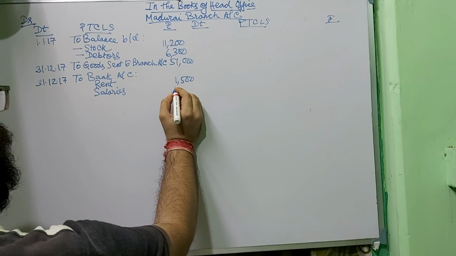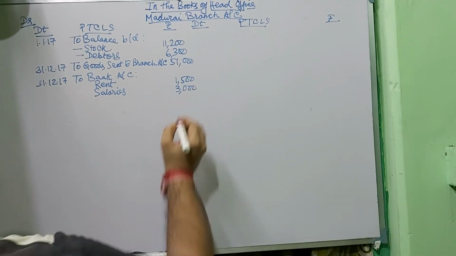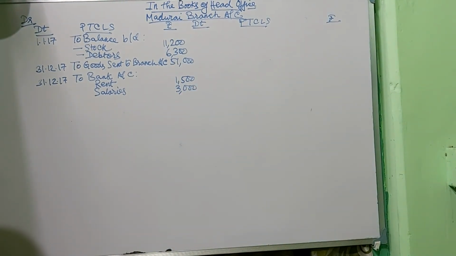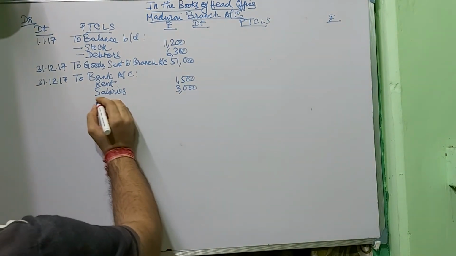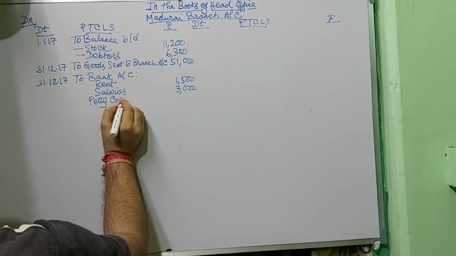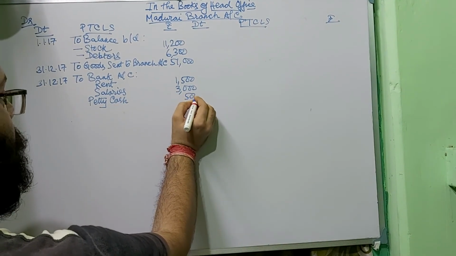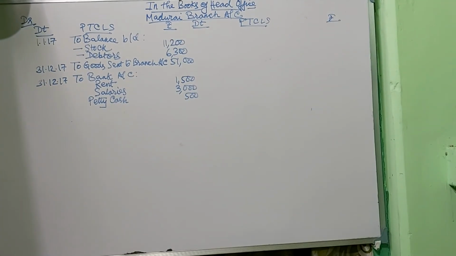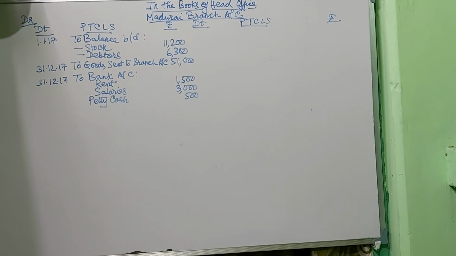Salaries is 3,000. And petty cash is 500. You can add those in an inner column and put the total in the outer column also.